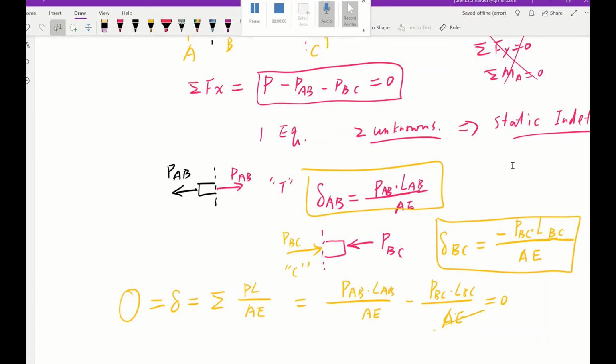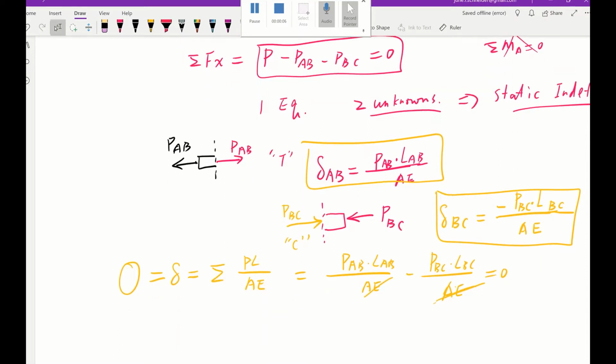Now we can actually cancel out AE, and we will have our second equation through this axial deformation. And so we'll have PAB times LAB equals PBC times LBC. That's our second equation.